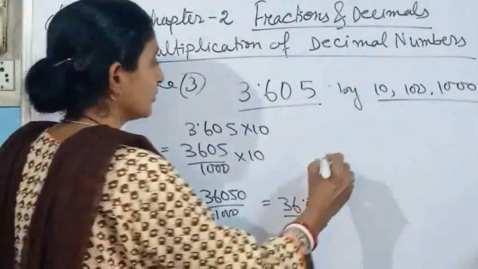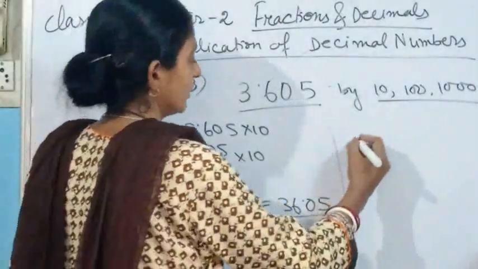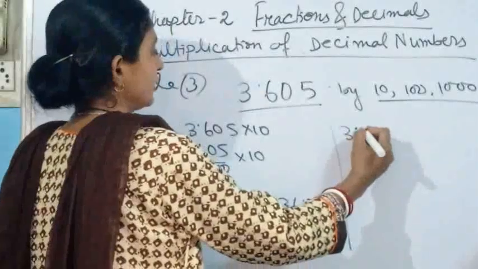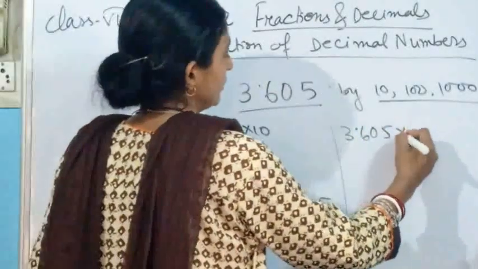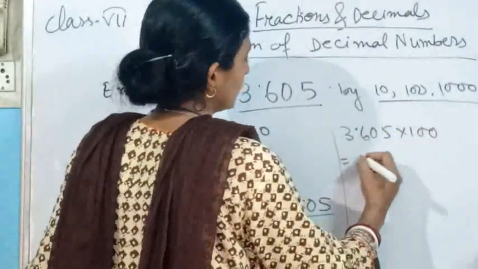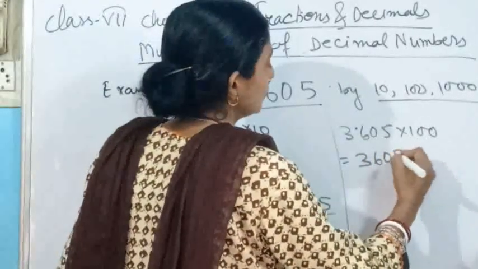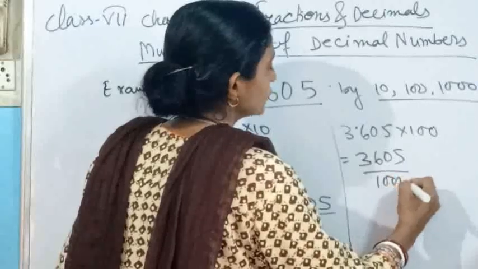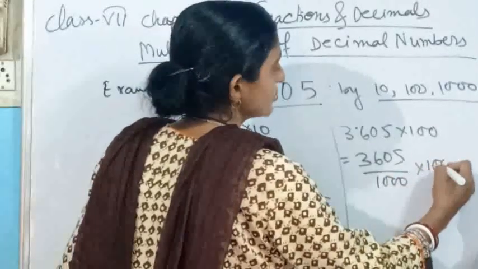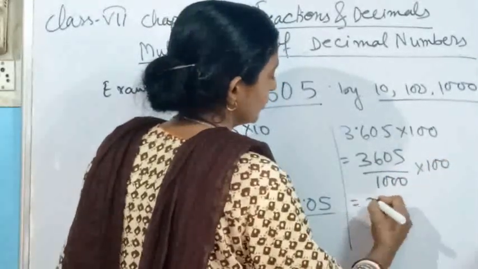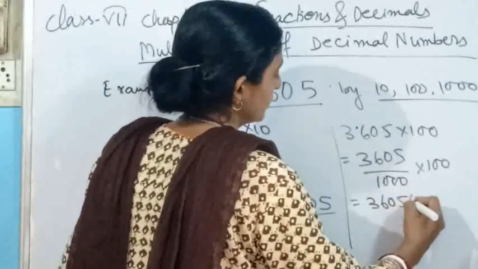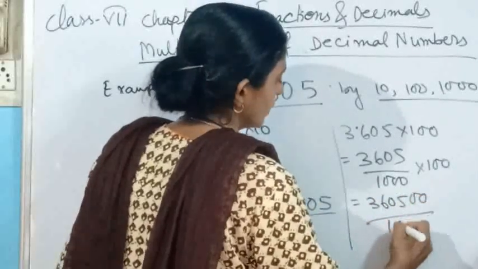Now come to the second part where I am going to multiply this one by 100. What will I get? It is 3.605 into 100. What will happen? Here it will be 3605 over 1000, again 1000 for the 3 decimal places. So let's multiply the numerator. It will be 3605 then 10. Here it is 1, 2, 3.